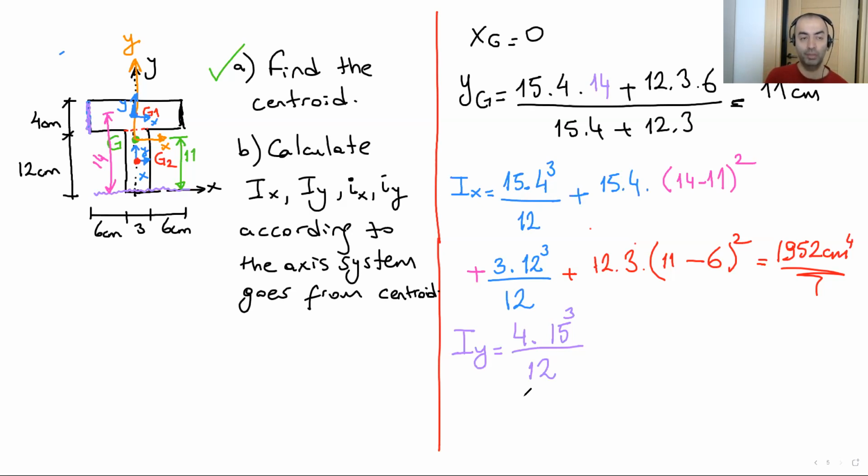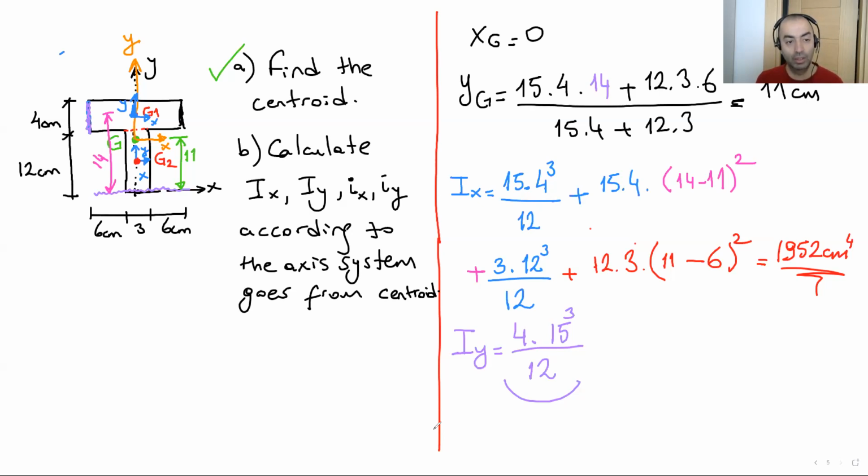This calculated moment of inertia is the local moment of inertia, and at the same time, the global moment of inertia for this one.